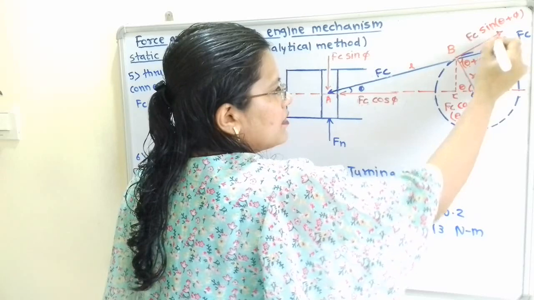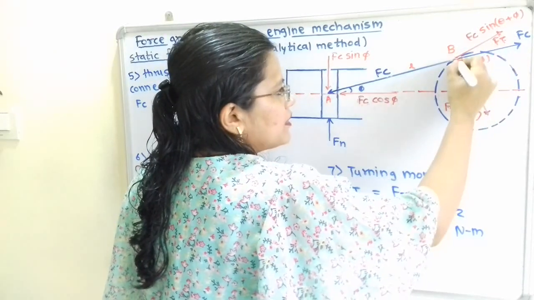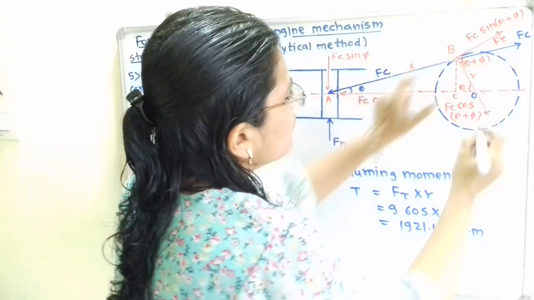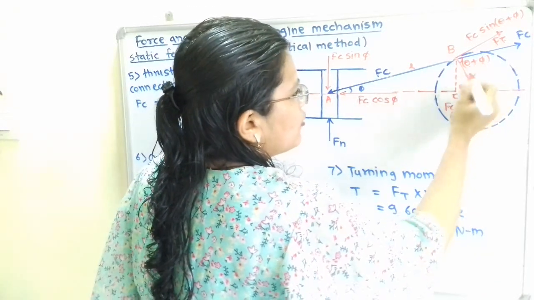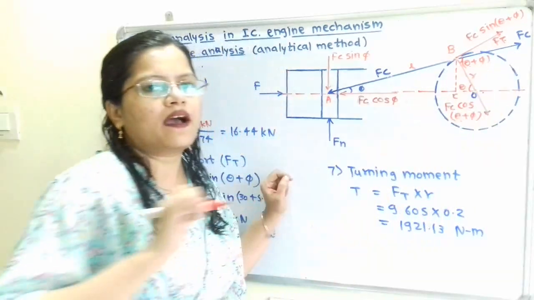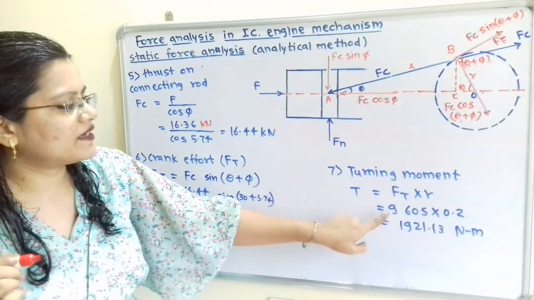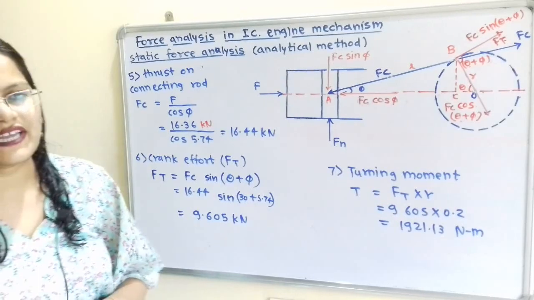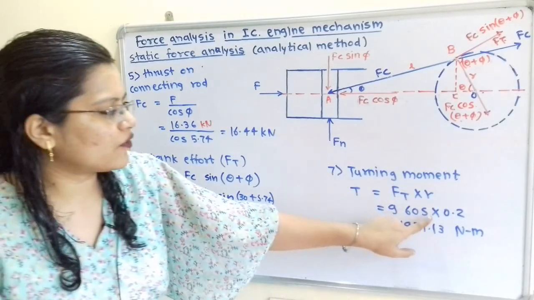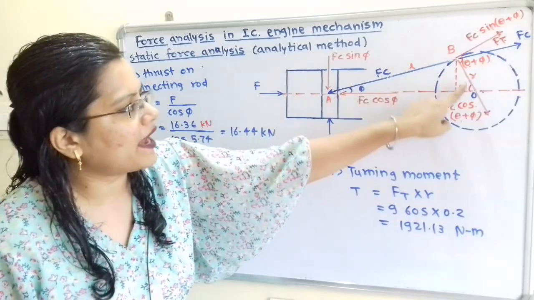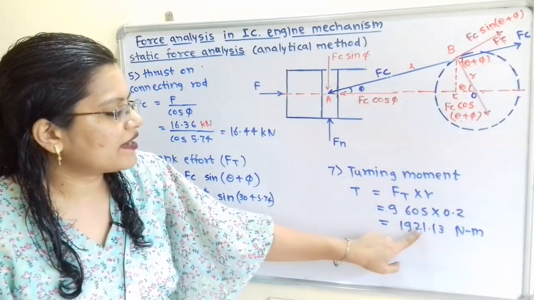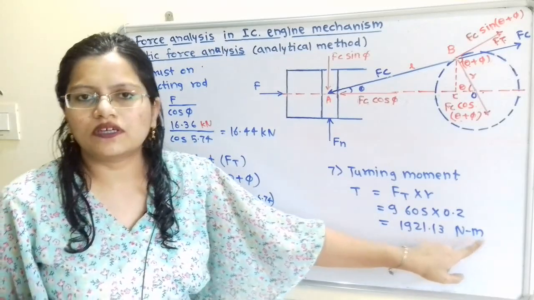So it is perpendicular to the crank length R. So we can say that torque T or turning moment T is equal to Ft multiplied by R. The value of Ft is known. We have to take Ft in Newton. So 9605 Newton multiplied by R in meter, that is 0.2. So the answer is 1921.13 Newton meter.